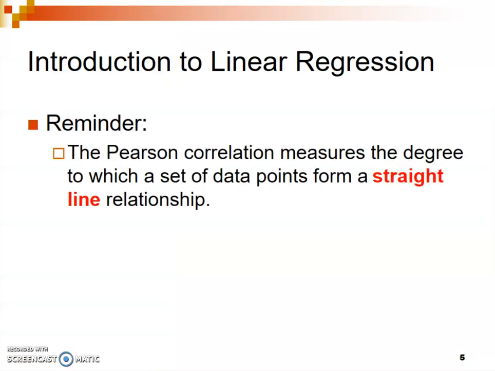As a reminder, the Pearson correlation looks at the degree to which two variables, usually two interval or ratio variables, form a straight line relationship. So either a line slanted up, like a positive correlation, or a line slanted down, like a negative correlation. The Pearson correlation measures the extent to which those two variables form a straight line.